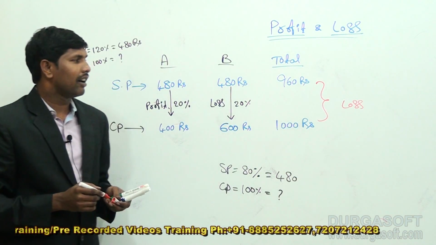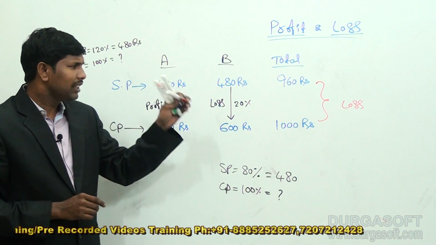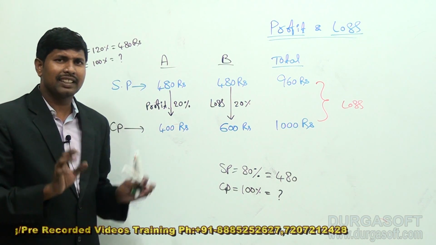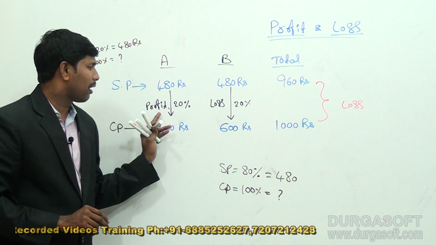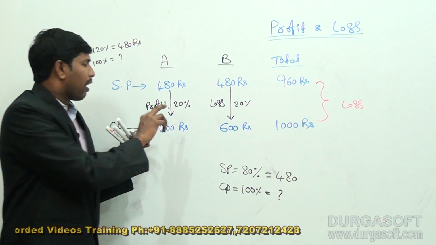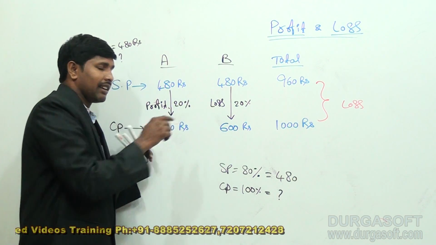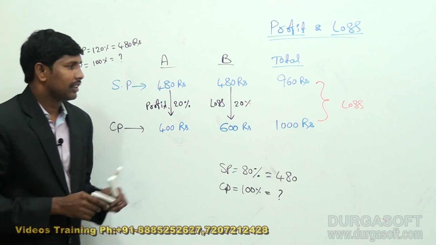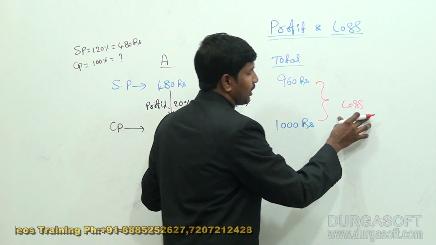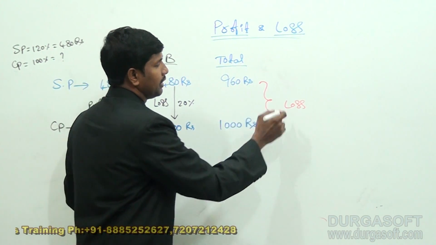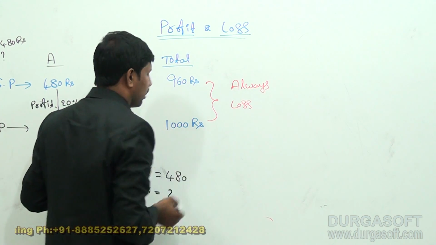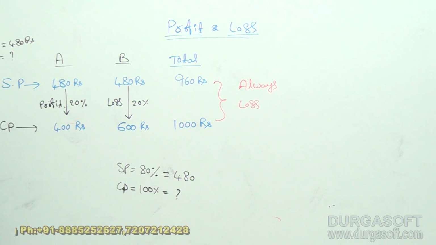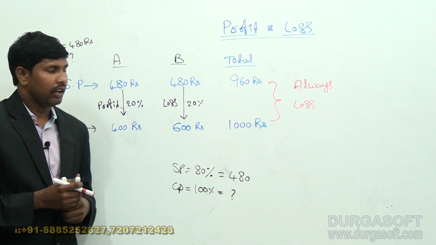Not only in this case, whenever you take the same scenario, the selling price is same, but the profit or the loss percentages are equal, then the result is always loss only. For any case we will get loss only.